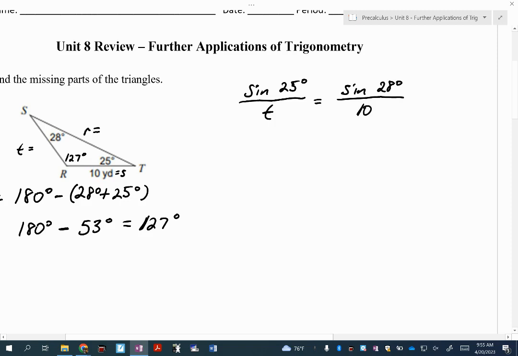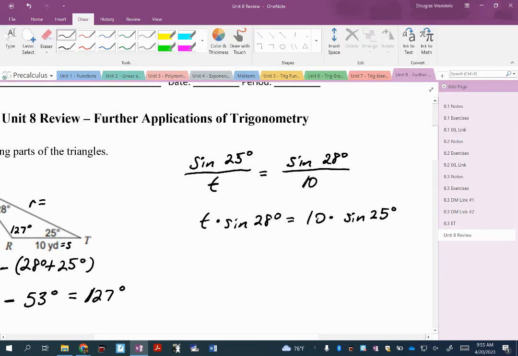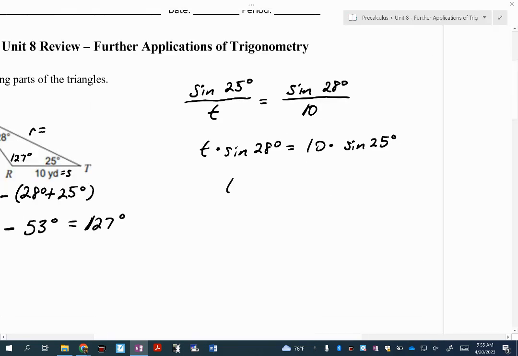If I get cross products here, I have T times the sine of 28 degrees equals 10 times the sine of 25 degrees. Divide both sides by the sine of 28 degrees, and you get T equals 10 times the sine of 25 degrees over the sine of 28 degrees.